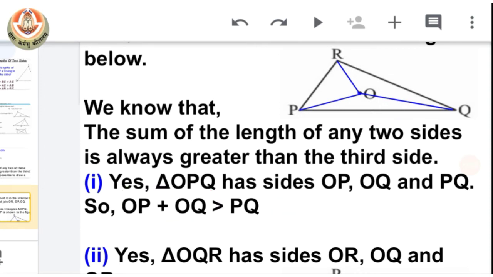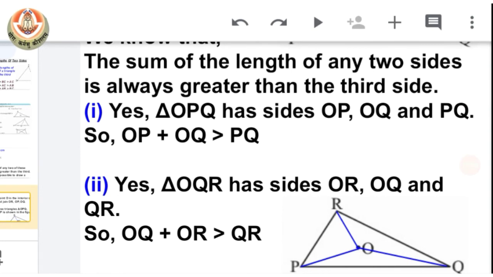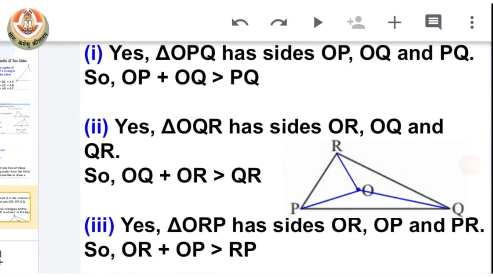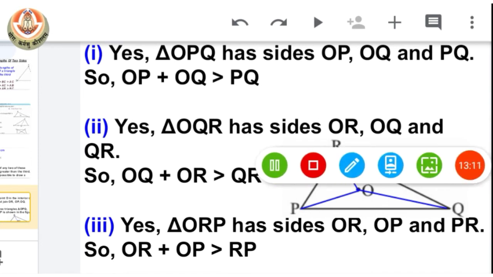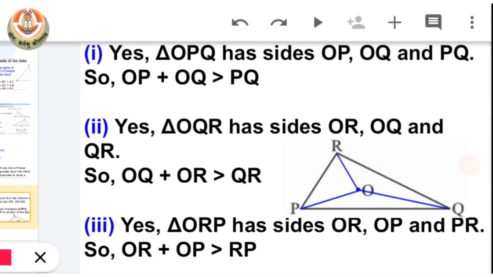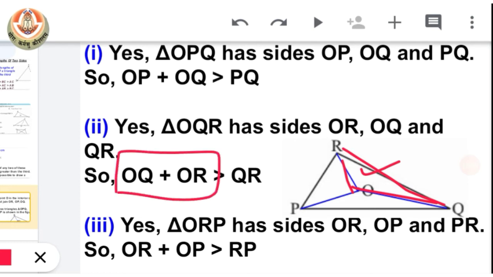Similarly, we have the second part for OQ, OR and QR, which is this triangle. So yes, as OQR has sides OR, OQ and QR, we can say that the sum of the two sides of this triangle is greater than the third side.